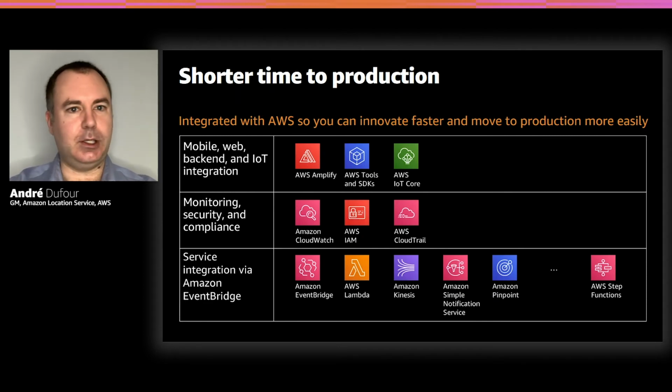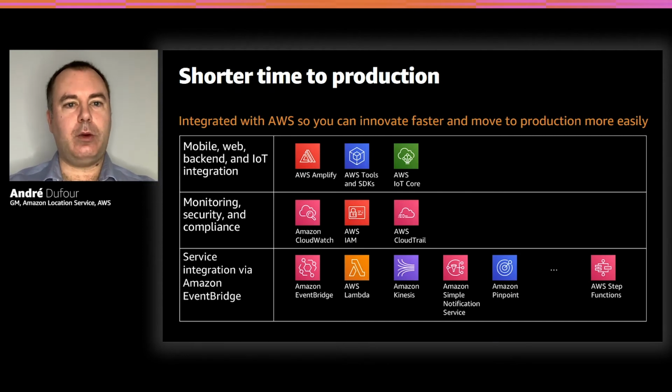So you could process it using some Lambda code, you could run a backend workflow using AWS Step Functions, you could direct the event to Amazon Pinpoint and reason over a campaign that you've configured in order to do location-based customer engagement. And so all of this is meant to speed the time from experimentation to production by reducing the amount of undifferentiated heavy lifting that you have to do in building these integrations.